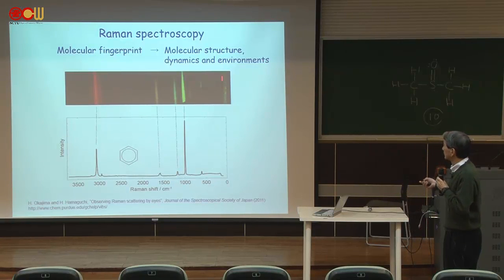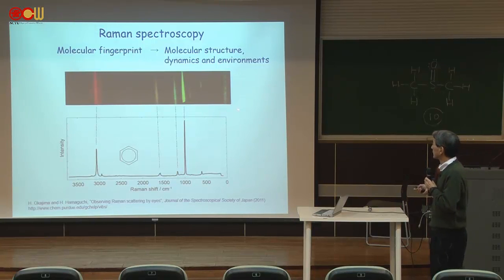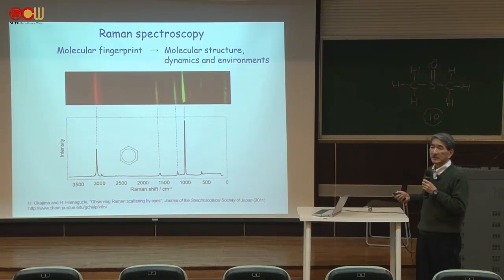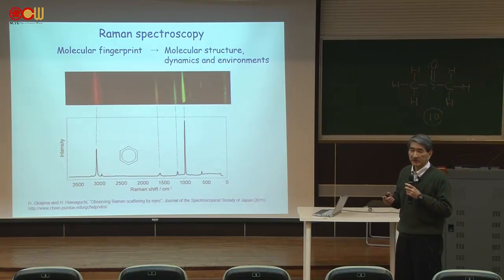So it looks very weak. But without a filter, it's very, very strong. And it's really strong here. But it is now eliminated. So here we have this band, very strong band. And I'll show you later, this band comes from the vibration called breathing vibration.